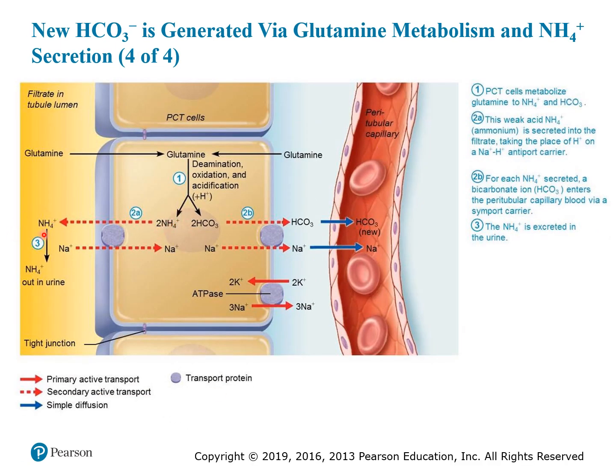This NH4, which goes in the tubular lumen, is excreted in the urine. So it means that this cell has synthesized two molecules of bicarbonate. These are two new molecules of bicarbonate which the tubular cell has added to the blood.